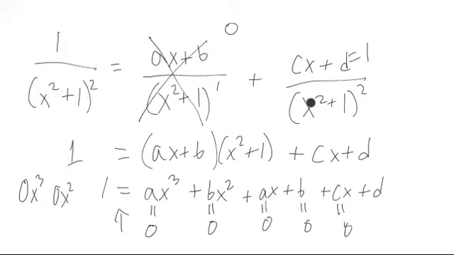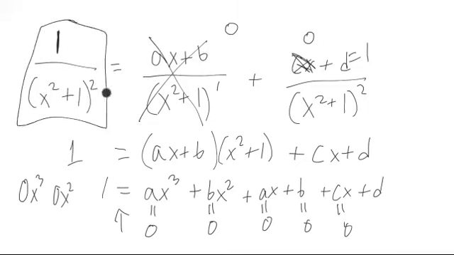Well, this actually tells us something right here. We attempted to use partial fraction decomposition to help us out, and maybe our choice of fraction wasn't the best fraction for this particular type of procedure.